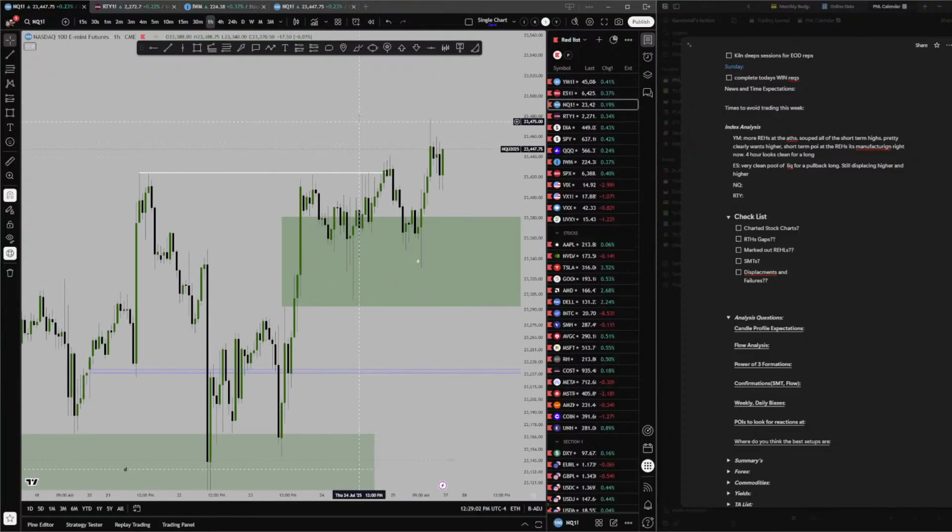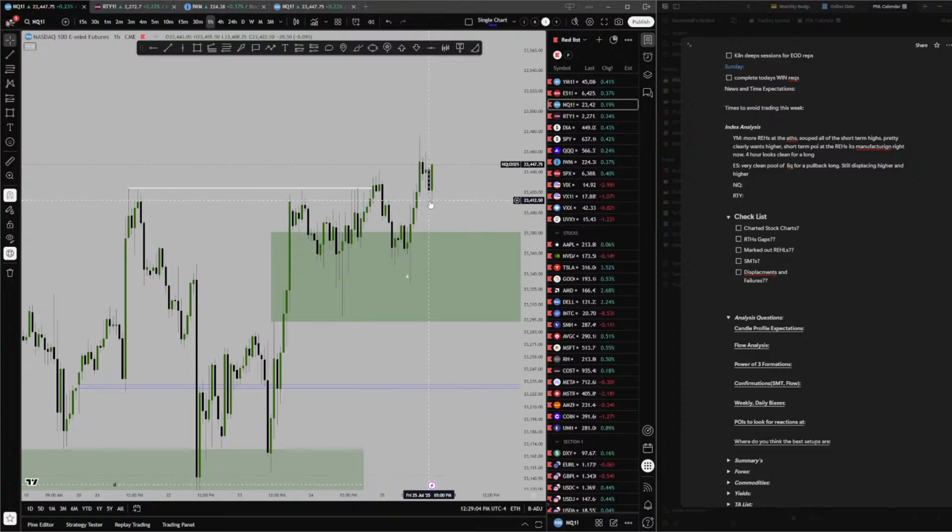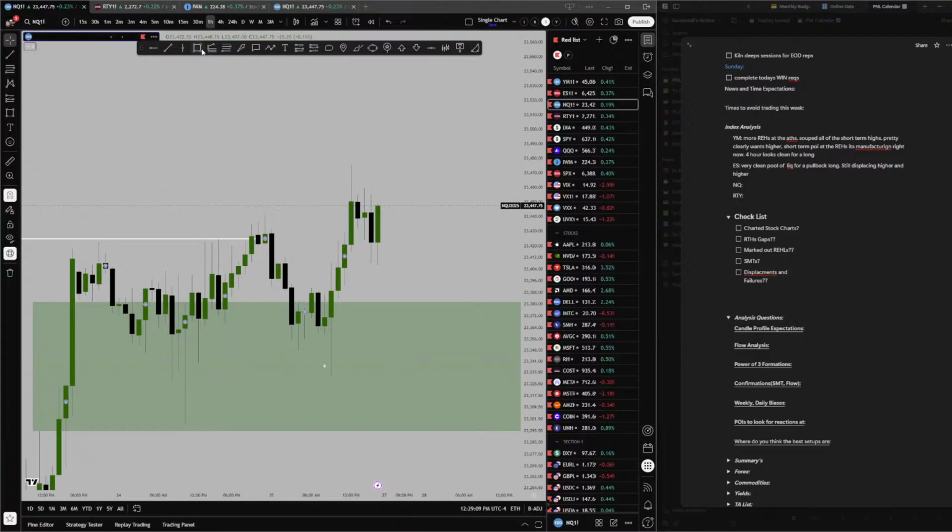But either way, it's taken out the liquidity. It's already come back a bit into the same exact setup here that we outlined. This one.